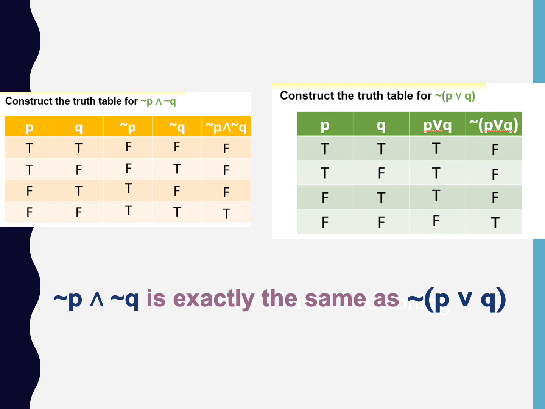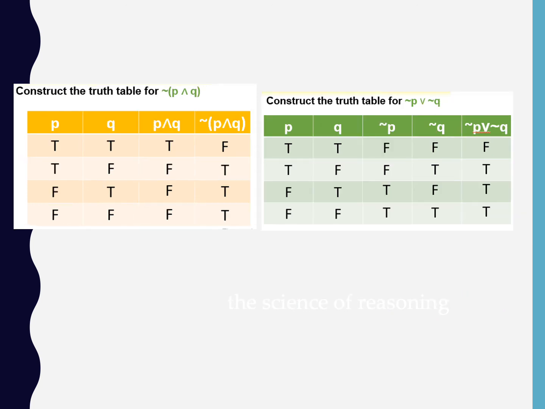Now, we can say that the conjunction of not P and not Q is exactly the same as not disjunction P or Q. Similarly, with these two tables, we can also see that the last column of each table has the same values.